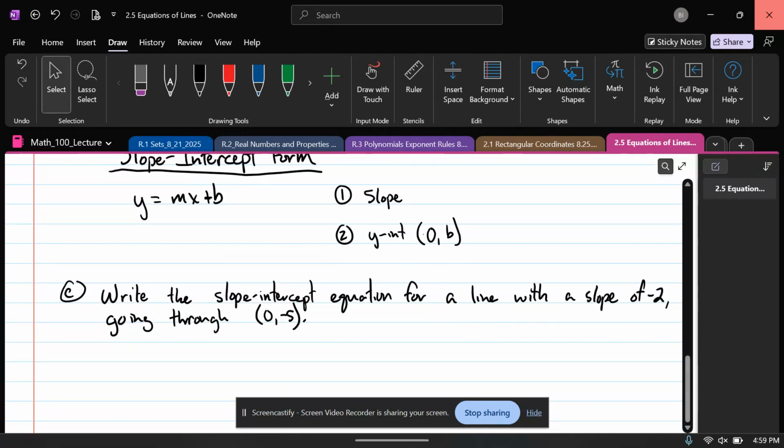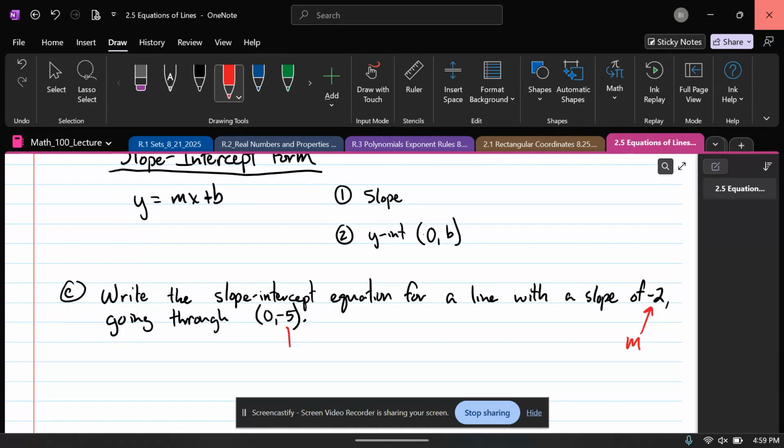So in this case, they gave me an ordered pair, but that ordered pair is really special because it has 0 as the x value. That means that this is my m, and then the -5 is my b, because the y value in an ordered pair that has a 0 as x is the y-intercept.